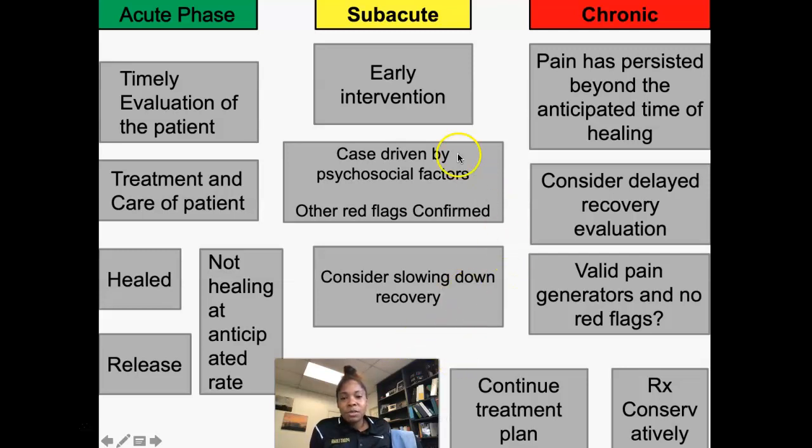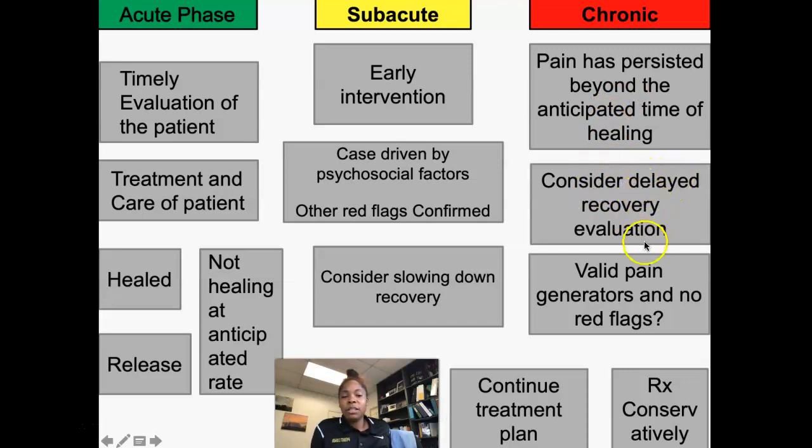However, sometimes psychological factors take over. Sometimes pain does not go away and it lasts longer than 7 weeks, and so then that patient is now lumped into the chronic pain category. So that pain is there beyond what's anticipated for the type of injury that patient has, and so we remove them from activity.